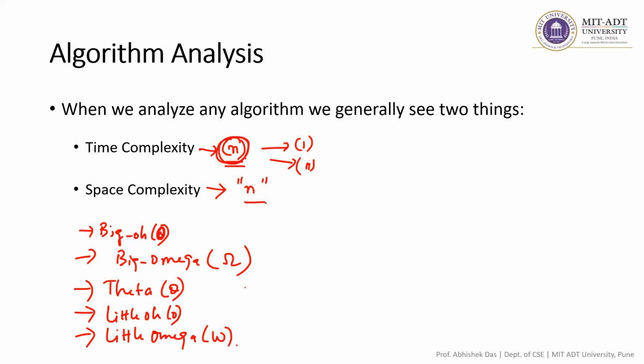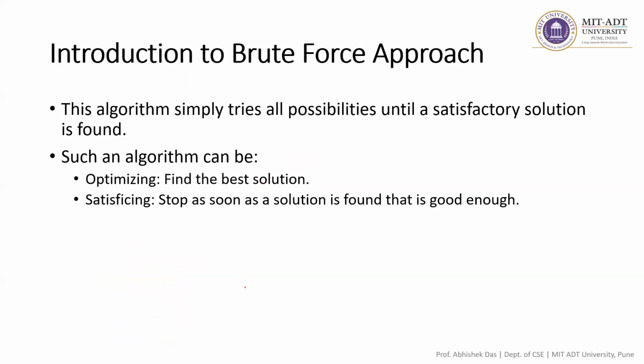But before explaining these asymptotic notations, I want to explain another important topic, that is the brute force approach. As you can see, it is written over here that the algorithm simply tries all the possibilities until a satisfactory solution is found.